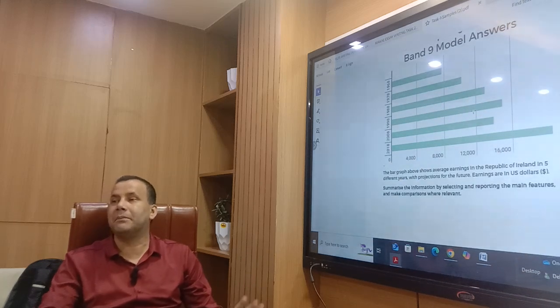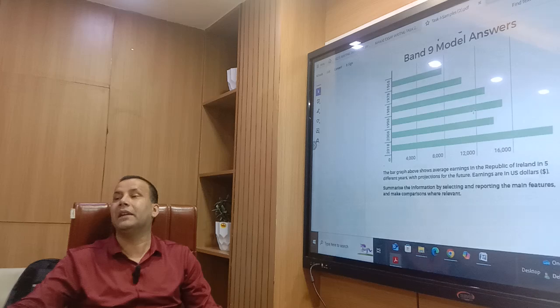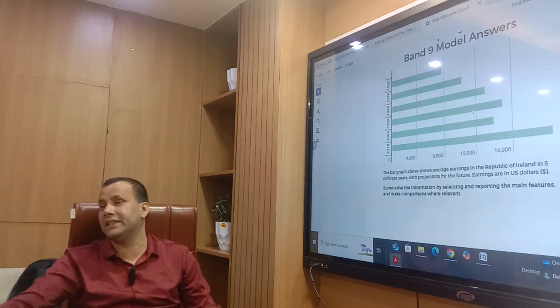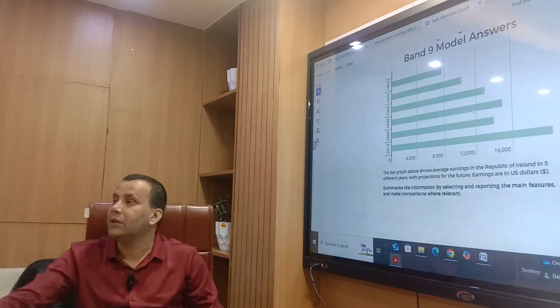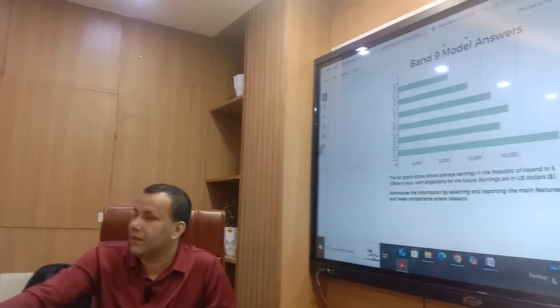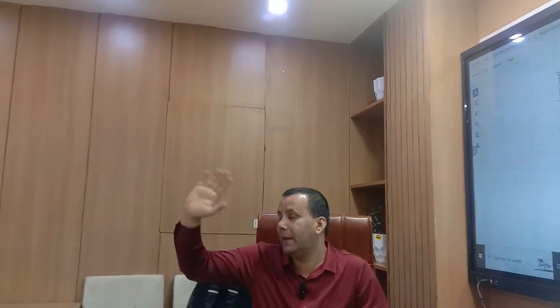And you don't have to write by how much it increased or decreased. In the overall paragraph, you don't have to write the data. You have to write what you have seen in the bar graph, in the line graph. You have to write the increase trend, the decrease trend. No data.